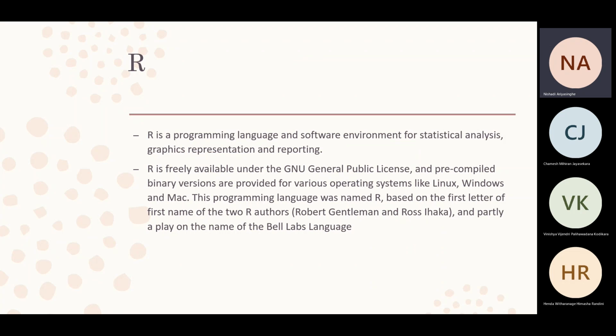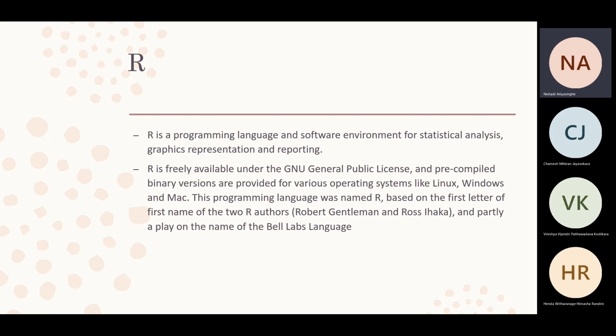So it is very easy. It is a programming language, but it is not too technical like Java and other programming languages. It focuses more on statistics and representation of certain analysis and reporting.